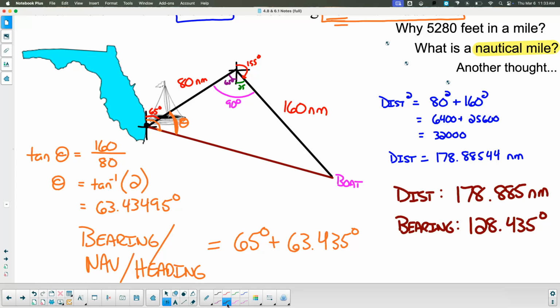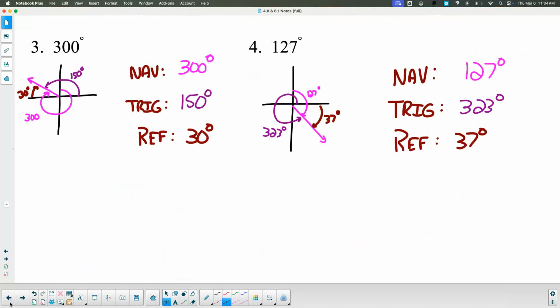So pencils down, eyes up here for 1 second. For all of your calculations, you use trig angles. For your answer, you use navigation angles, which is why we had to learn this stuff first.